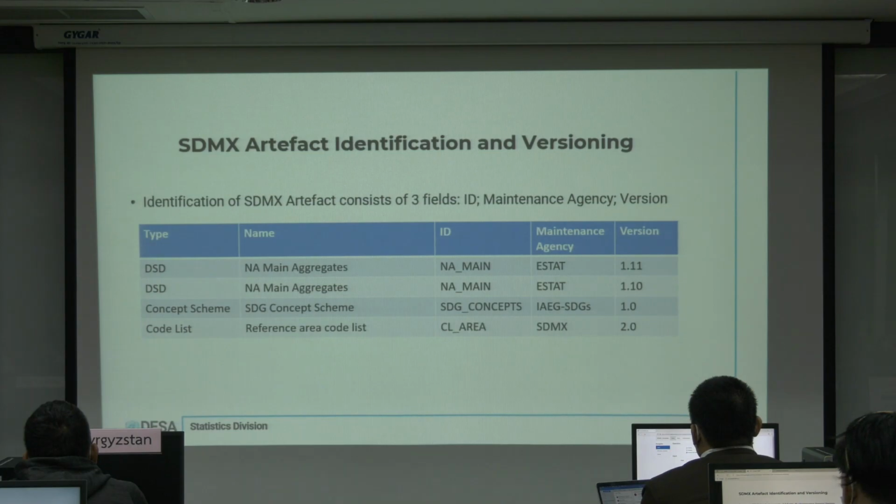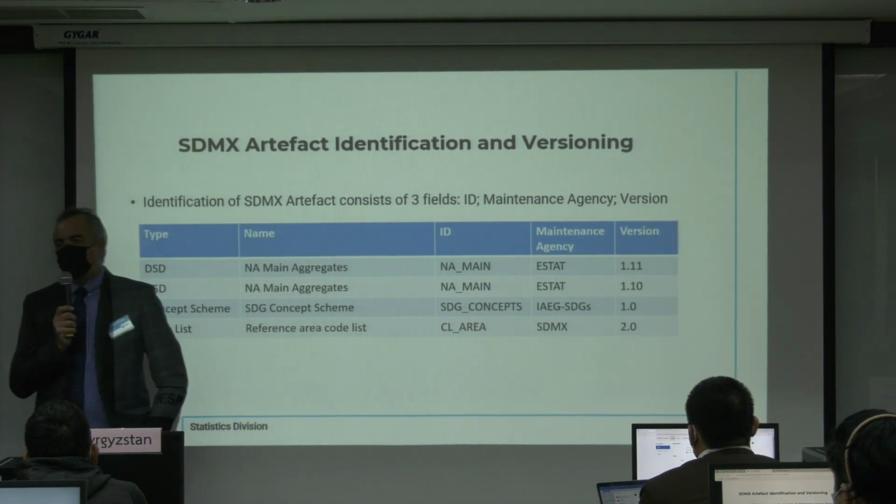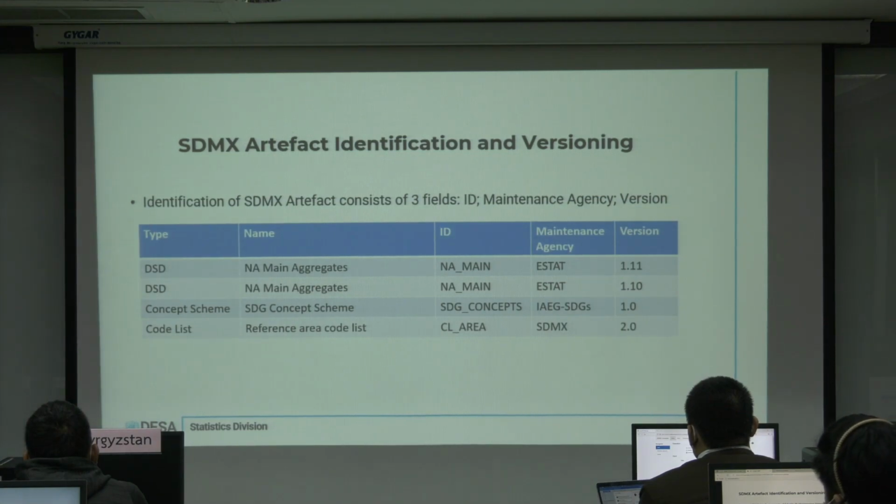If you want to extend the global SDG DSD with Thailand's province codes, for example, you need to make changes to the code list and the data structure definition and the data. We'll go over that in more detail.